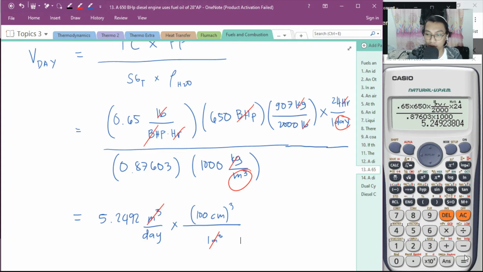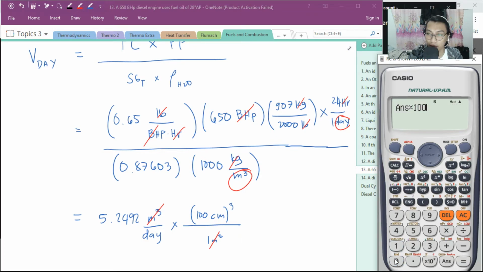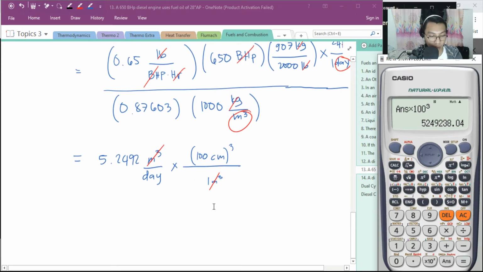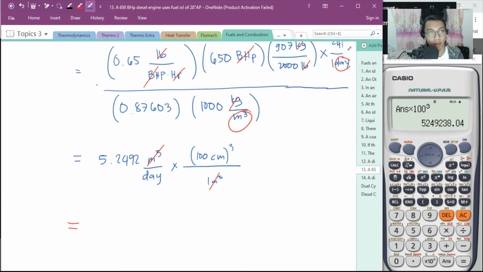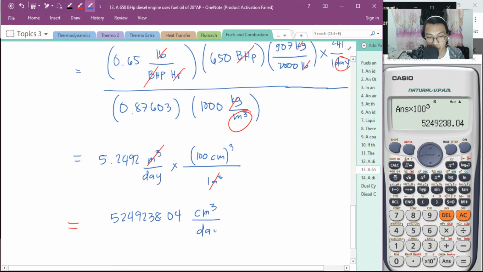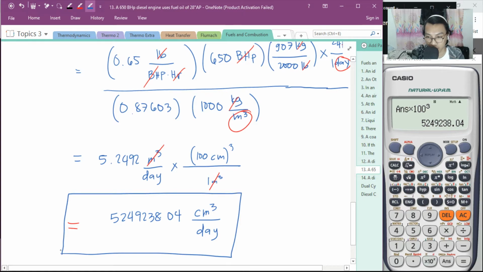Okay. Multiply natin ng 100 cube. The answer will be 524,923.04 cubic centimeter per day. Basic. Okay? Ganun lang po yung tamang process ng pag-solve sa kanya.